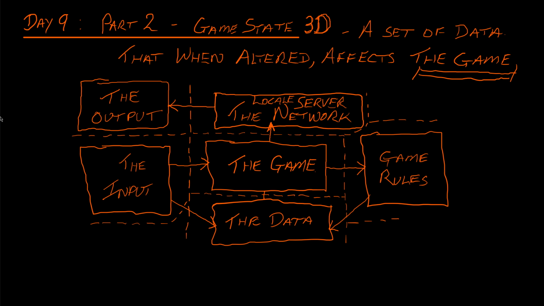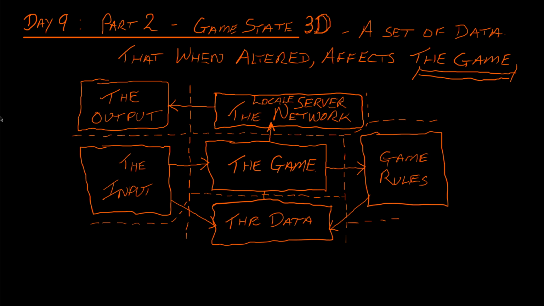So what happens here is that all the data is collected, the game forwards that onto the network or the local server. The local server is the definitive output and will output the result that it decides upon.